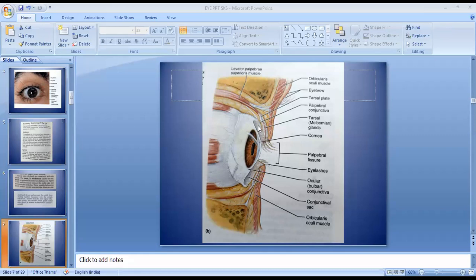They give a fatty layer on the surface of the eye so that the eyes don't get dried, and the water doesn't get evaporated easily. So this provides a kind of greasy layer on the surface of the eye.